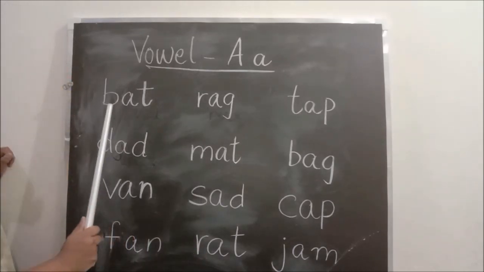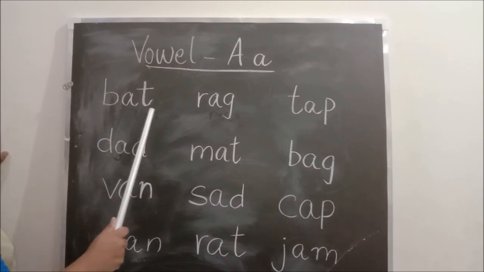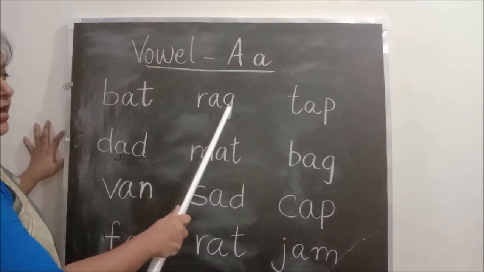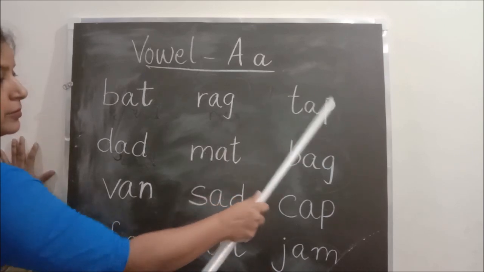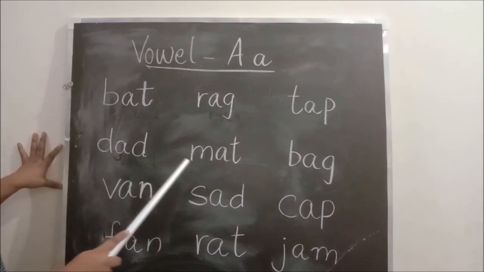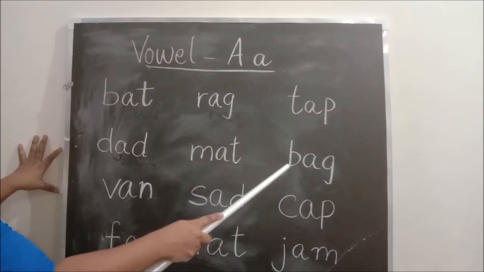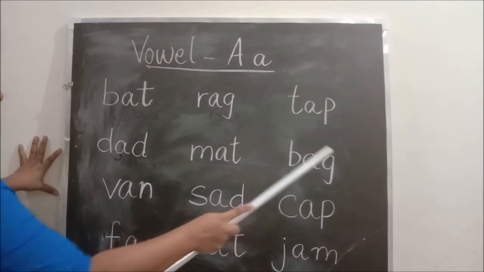So let's start. B, A, T, bat. R, A, G, rag. T, A, P, tap. D, A, D, dad. M, A, T, mat. B, A, G, bag.